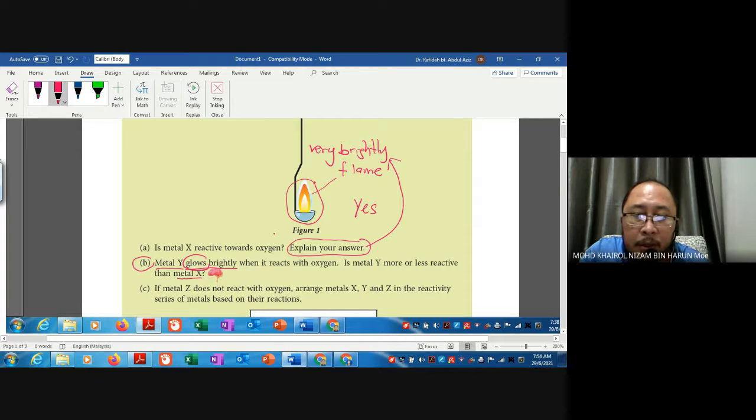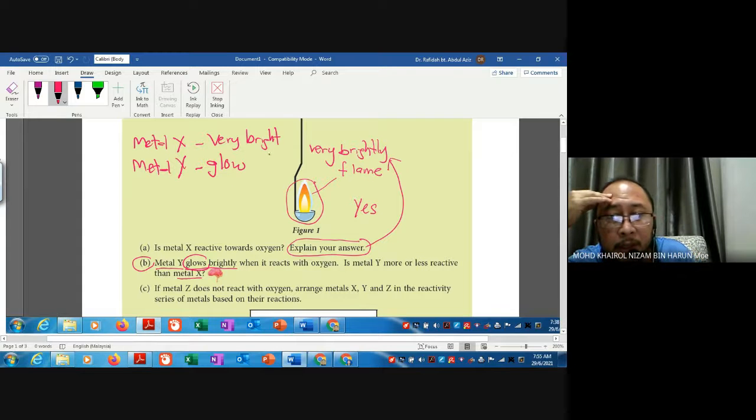So if we compare the vigorousness or the reactivity of this reaction, based on the observation given, we can say that metal X produces a flame that is very bright, while metal Y just glows brightly when it reacts with oxygen.